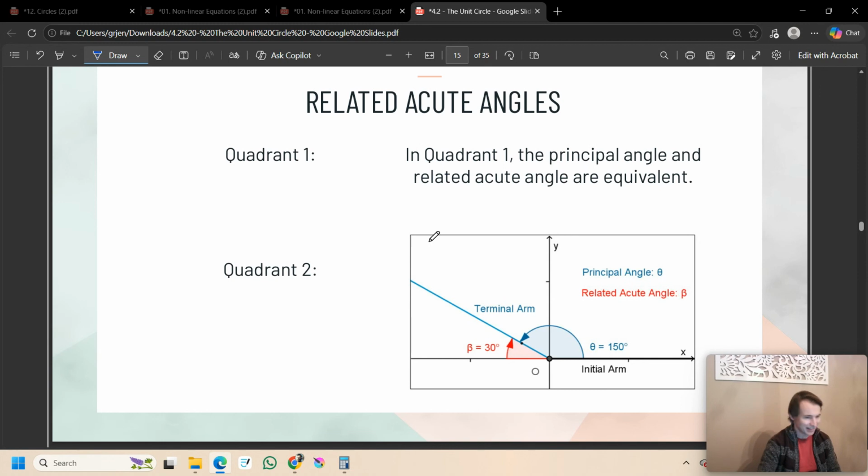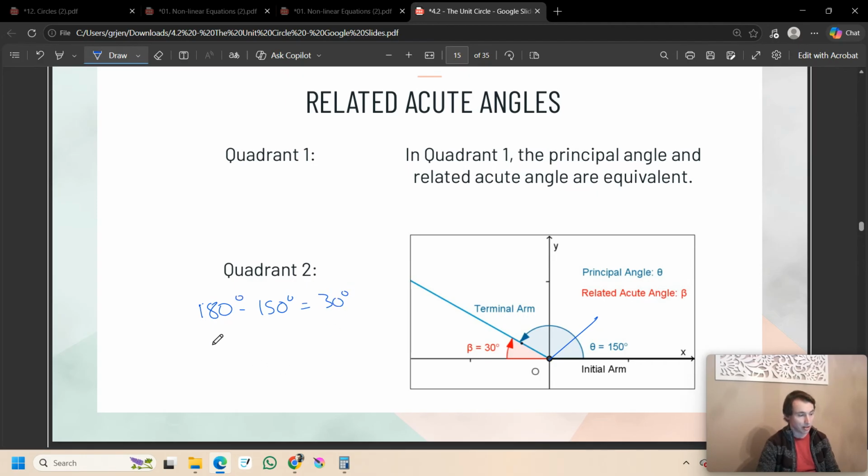So in quadrant 1, the principal angle and the related acute angle are the same thing. If I have an angle over there, it's silly to talk about the related acute angle. But in quadrant 2, you have that diagram, and we find it as 180 minus the principal angle, so in this case 150, that would give you 30 degrees.